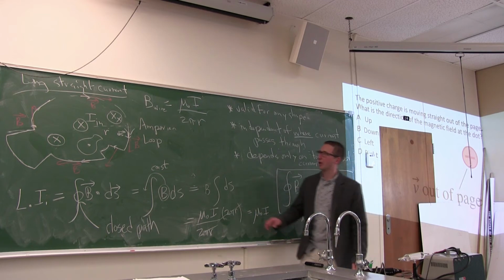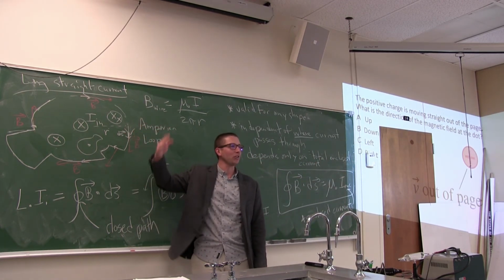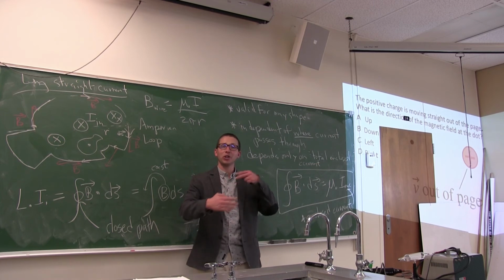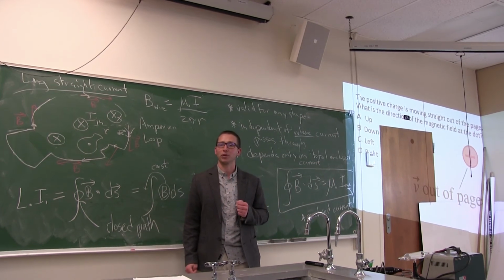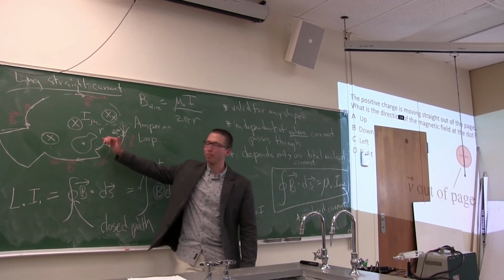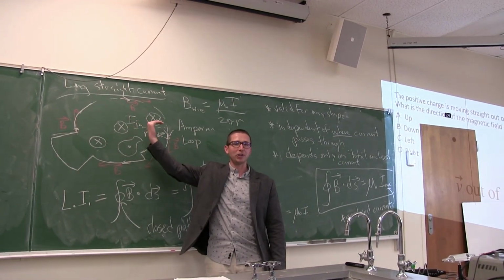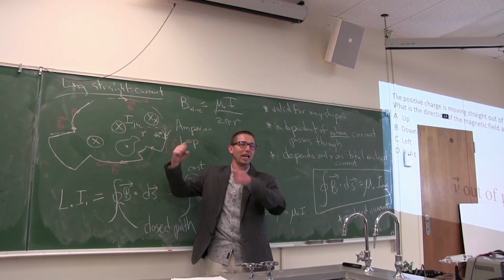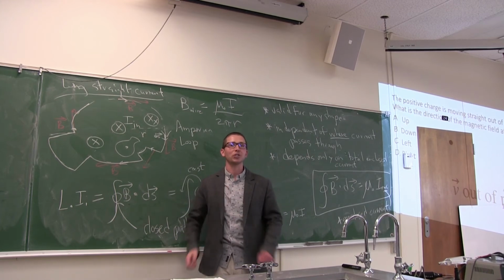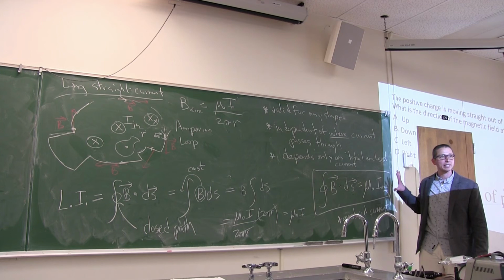So if I have some current that's coming in, some that's going out, those contributions cancel each other out. It's basically the net amount of enclosed current that's flowing through the loop. So if I have a positive current this way, and my Amperian loop is that direction, some is going to be positive, some is going to be negative, and those contributions cancel each other out to give you the net amount of enclosed current inside that loop.